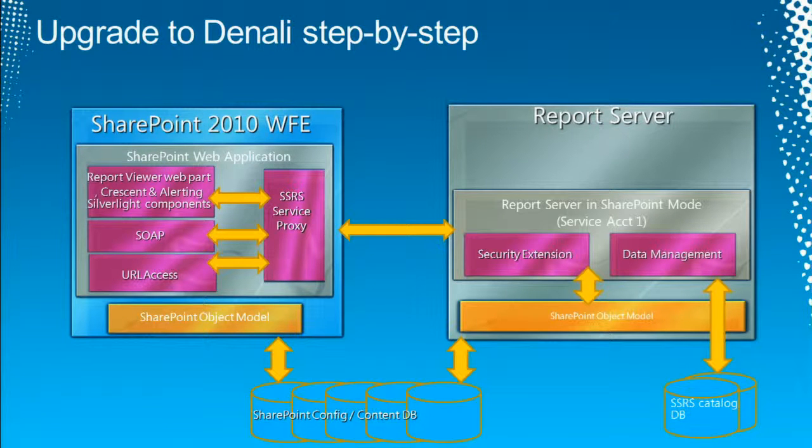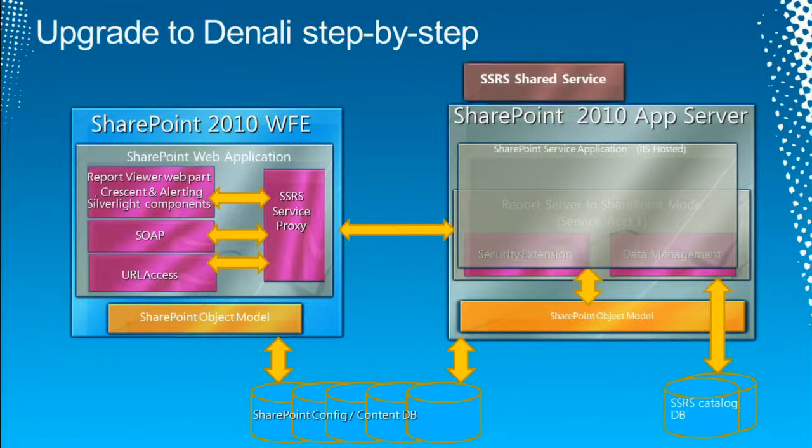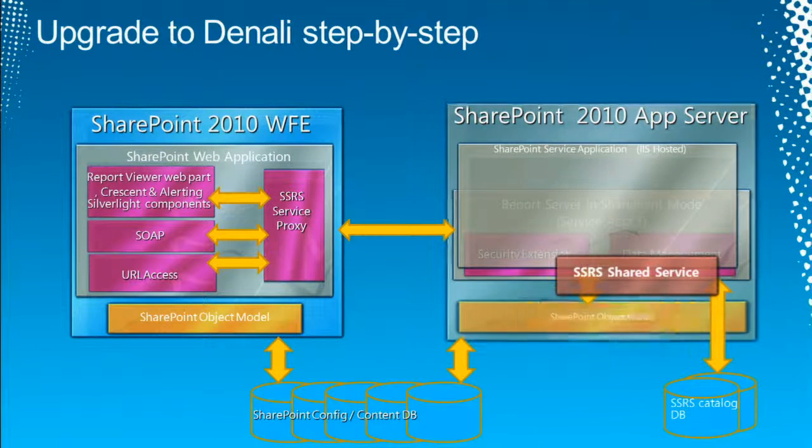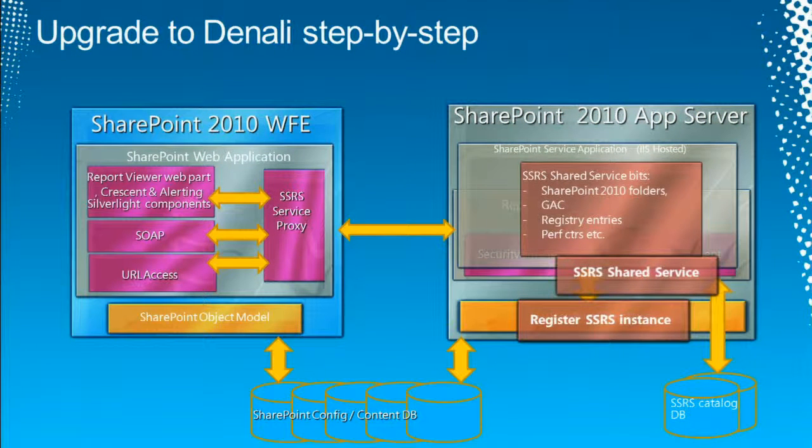Now, since it's not a Denali server, you will not have the Crescent and alerting functionality working until you install the Denali shared service, which also supports in-place upgrade. And it does a few more steps than a clean install, essentially. It will register it, and then it will actually create a default service application.